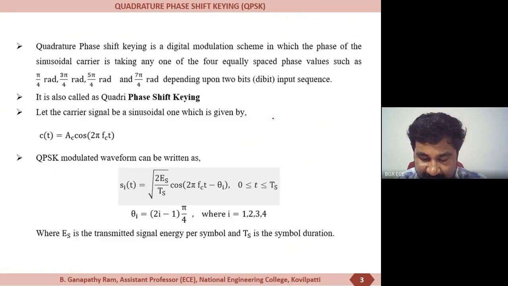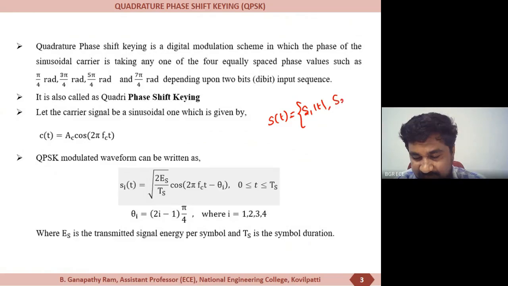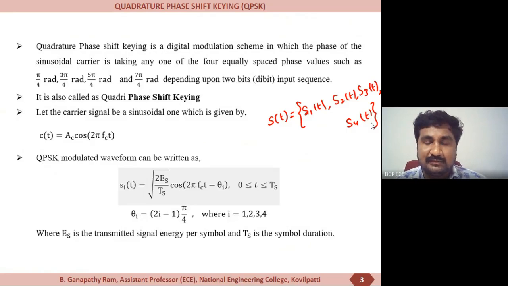Hence, the modulator has to produce any one symbol from the symbol set, S1 of t, S2 of t, S3 of t, and S4 of t, for the corresponding binary dibit data.